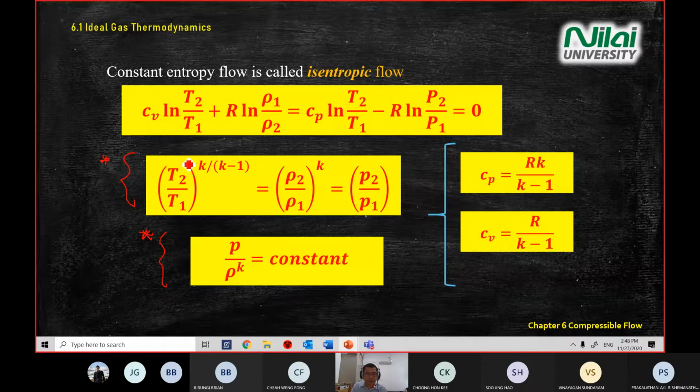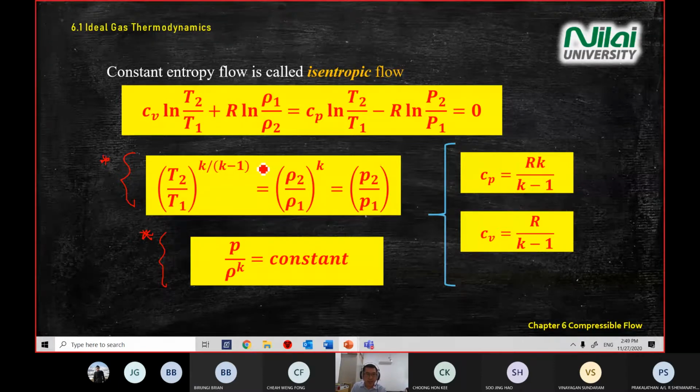So for chapter 6, we will look at temperature, density, and pressure. And when you have an ideal gas scenario, not isentropic but ideal gas scenario, in the question, if you only have, for example, a temperature ratio and pressure ratio, or only a temperature ratio, you can convert the temperature ratio with a K ratio.